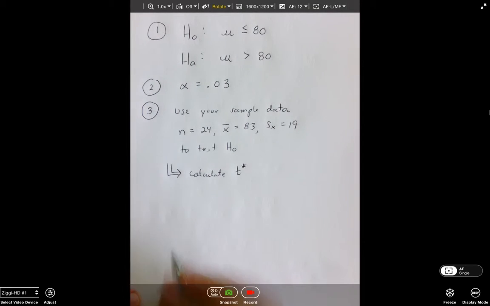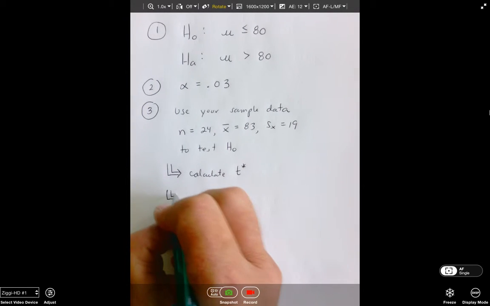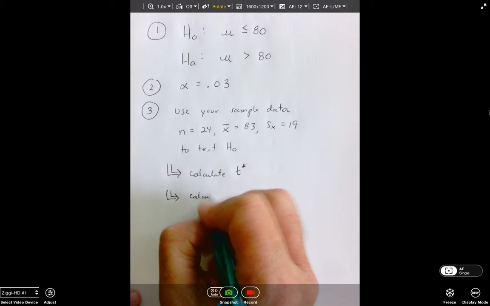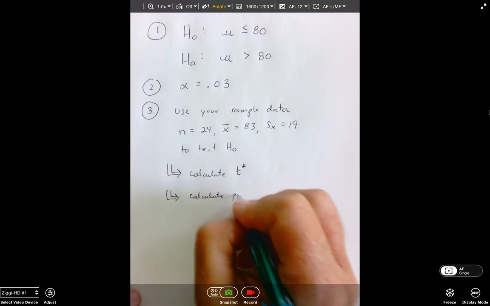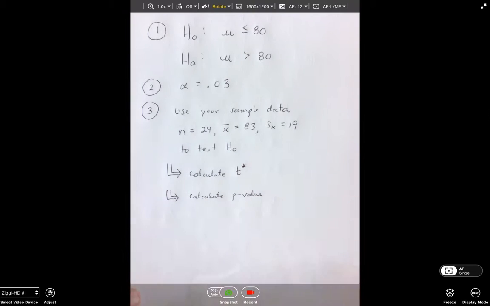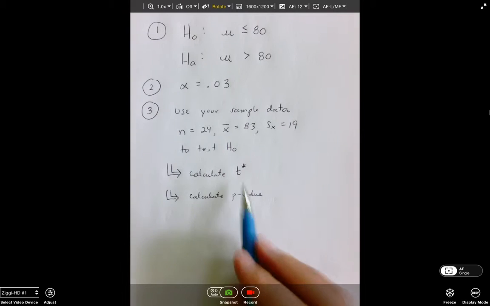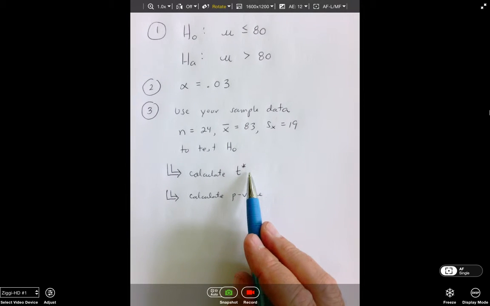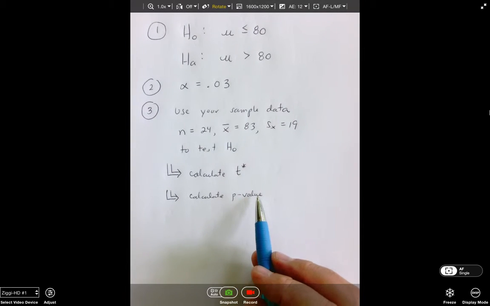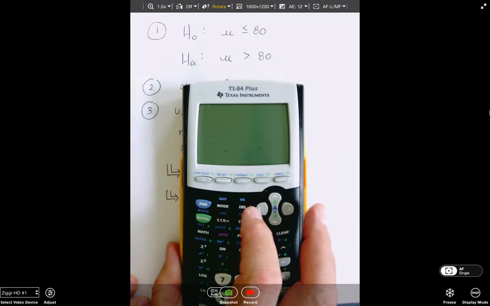You're going to calculate t critical. You're going to calculate your p-value. Now guys, do you want to do all this by hand or do you want to use the calculator? I would use the calculator. I would leave all that geeky stuff, calculating the test statistic by hand, calculating the p-value by hand, to the geeky people like me. I would use the calculator.